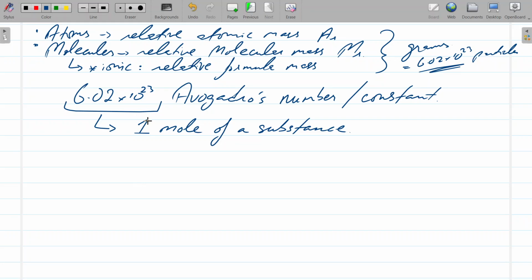Yes. 1 mole, right? So how much is 1 mole of NaCl? You take the, right, this is ionic, so you take the relative atomic mass of each. So it's 58.